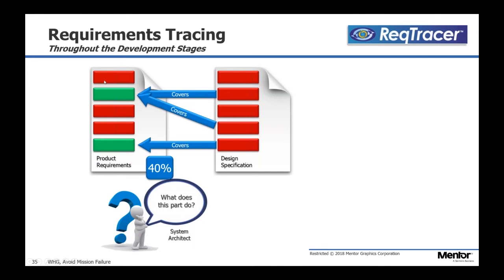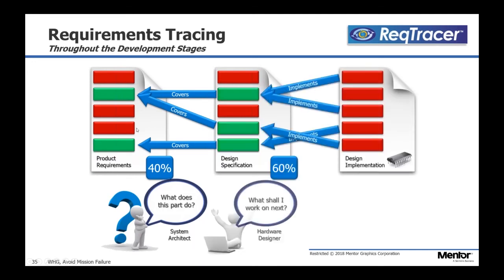But right now, I only have 40% coverage of my product requirements in my design spec, so I need to figure out what is covering these requirements. And then for my design implementation, I've gone into blocks of code and put in implementation tags. So you can see right now I've got 60% coverage of my design spec.